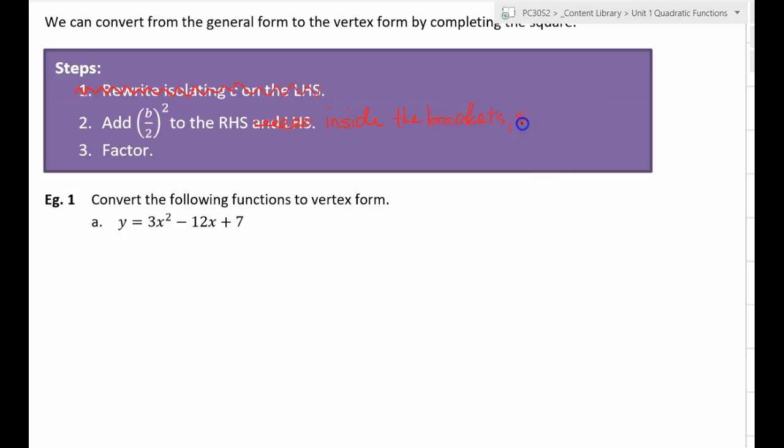And we're going to subtract it outside the brackets. It's just a personal preference, and then we're going to factor it.